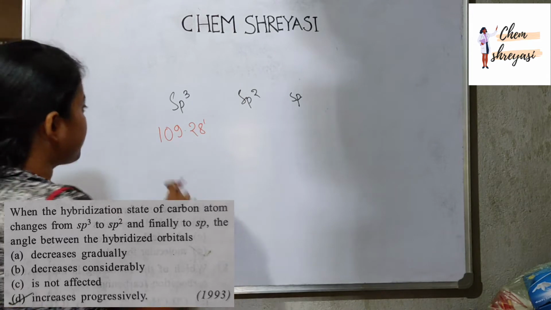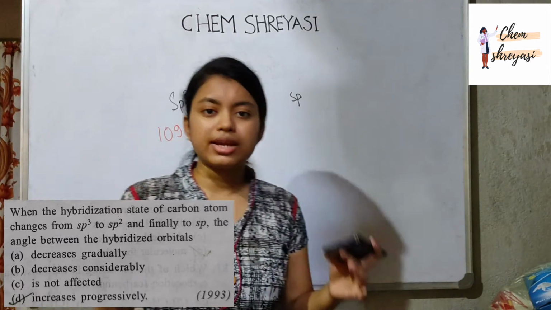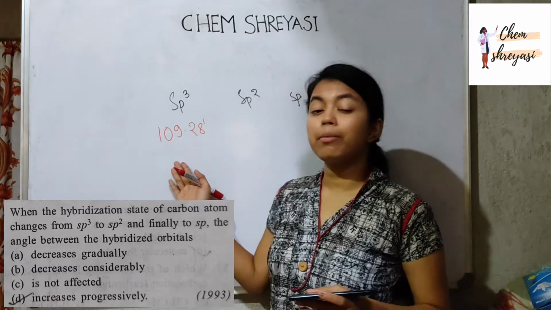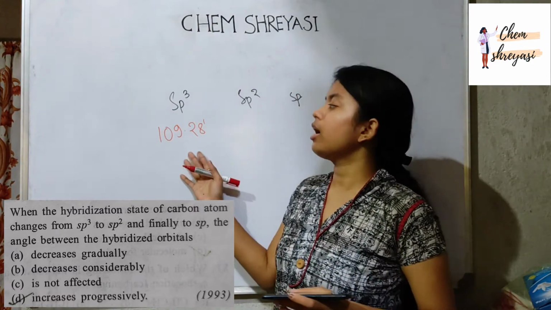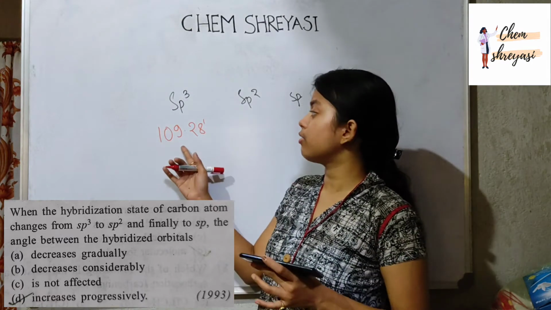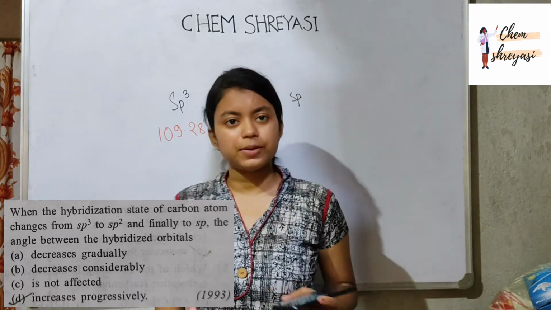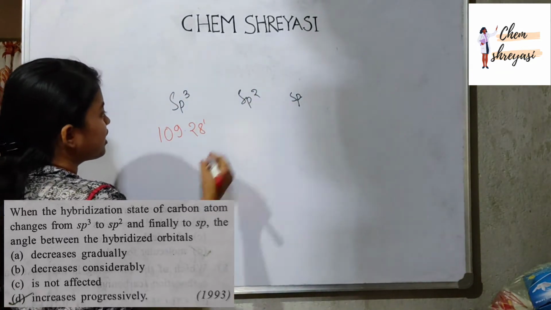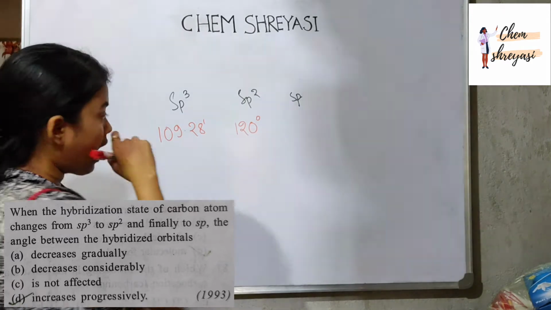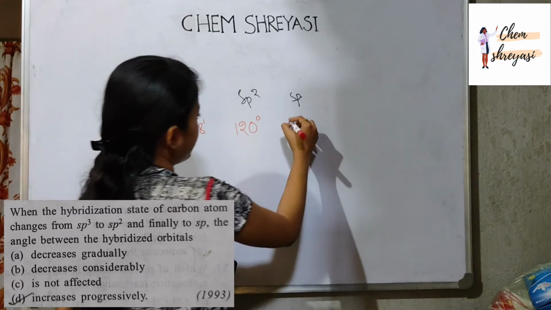In some cases it varies, because if there is any steric hindrance or any other space interaction, then the bond angle might increase or decrease, but otherwise in ideal conditions sp3 orbitals have a 109°28' bond angle. Moving to sp2, in this case the bond angle is always 120°, and in the case of sp the bond angle is always 180°.